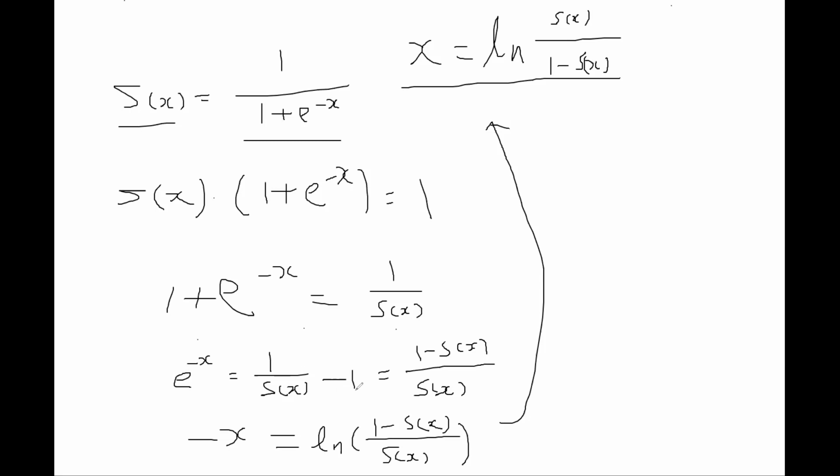Minus 1 on both sides, and common denominator, and then take a logarithm on both sides, negative x equal to log of this. Now x is really the inverse of that. x is log of S(x) divided by 1 minus S(x). Okay, that's what I wrote on the whiteboard, but if we go back to the slide.